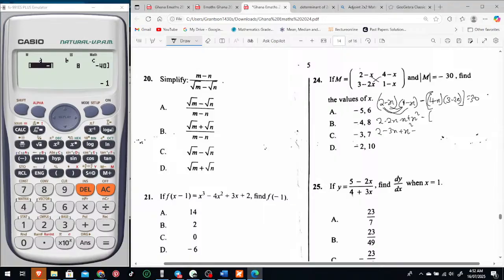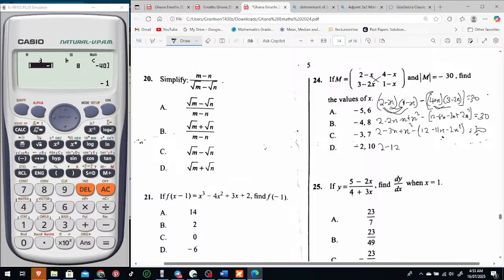This gives you 12, this gives you negative 8x, negative 3x is negative here, plus 2x squared equals 30. So if you expand, this gives you 12 minus 11x plus 2x squared is 30.